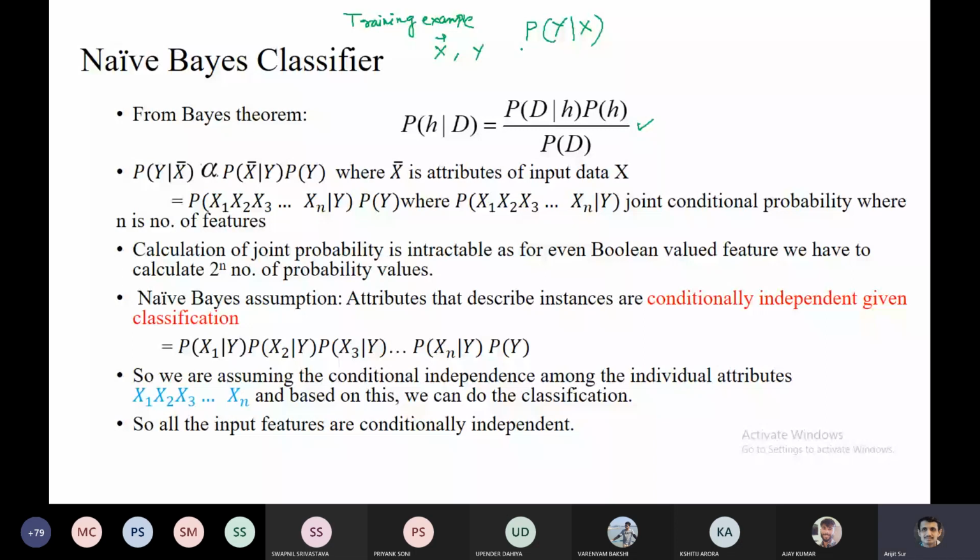And the question is that x becomes a more practical situation. This x is maybe not a single dimension, it's a vector, so it is maybe x1, x2, up to xn. Okay, so this is a vector.